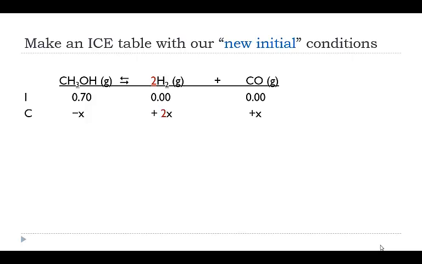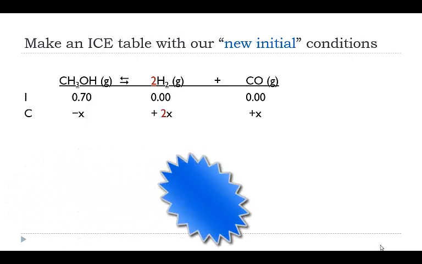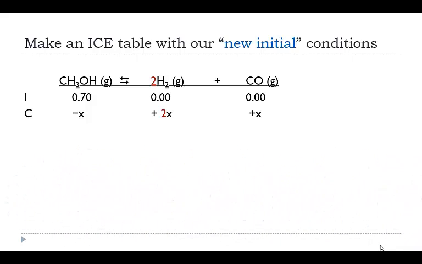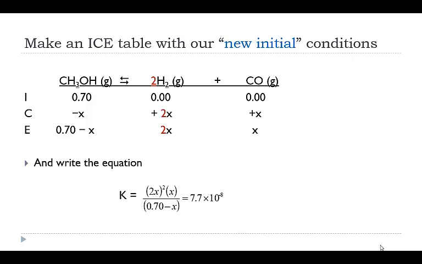Now, why are we adding on the right and subtracting on the left? We've got zeros on the right. There isn't any hydrogen or carbon monoxide, so therefore we have to add. If we subtract, we'd have negative amounts. Not good. Alright, so there's our E values. And now we're going to write the equation. So you can see the equation at the bottom there.